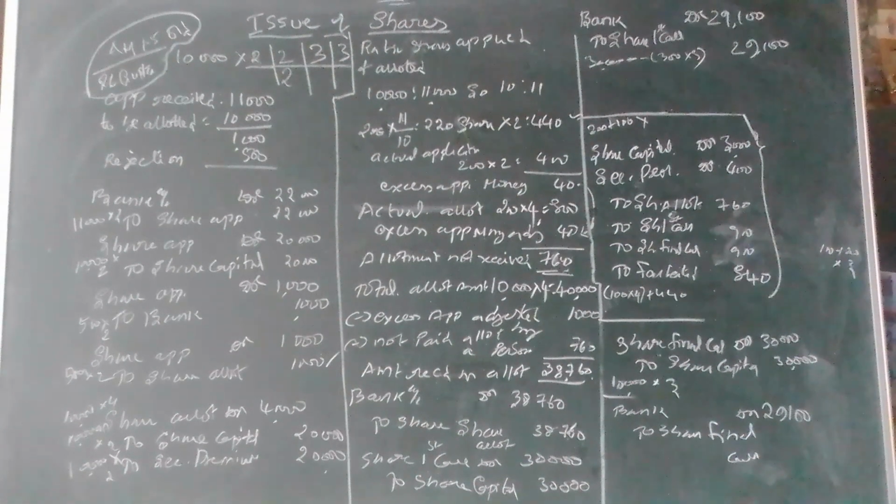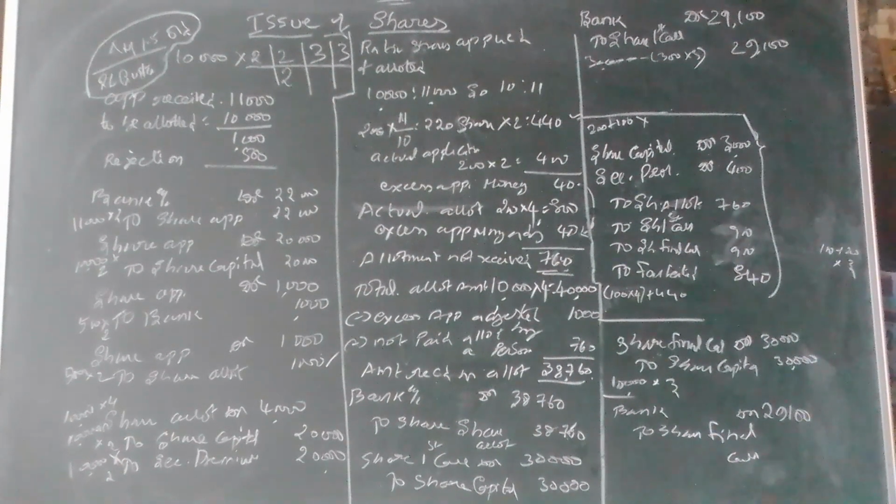Then the actual application money is 400, number of shares into 2, 400 rupees actual application money received for that category. On that, amount collected is 440, actual application is 400, so the excess amount collected is 40 rupees. That excess should be adjusted against the subsequent installment.